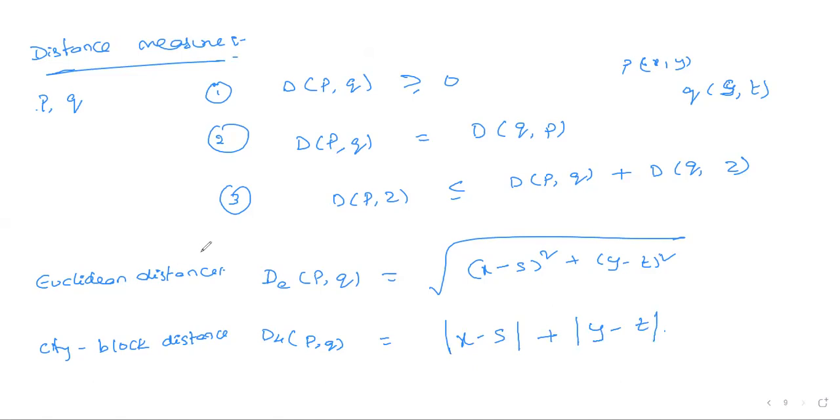And last one is chessboard distance. D8 of P comma Q is defined as max of mod of x minus s comma mod of y minus t. Okay.